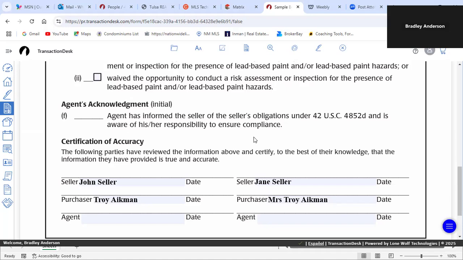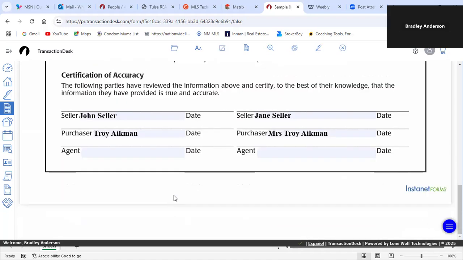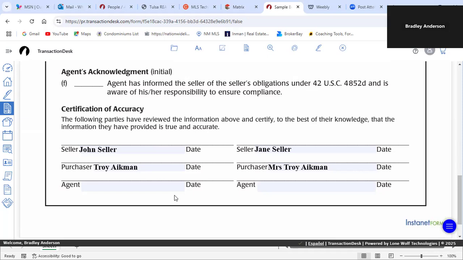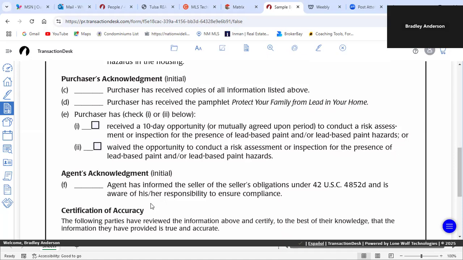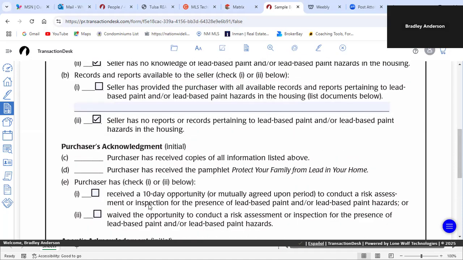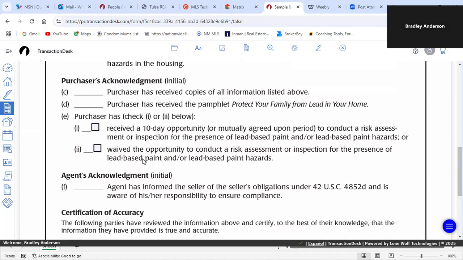Which means that if you own a home that was built before '78, you have obligations. This is where the agent acknowledges, hey, I've told the seller what they need to do. Based on all that, they should come to you from the seller.